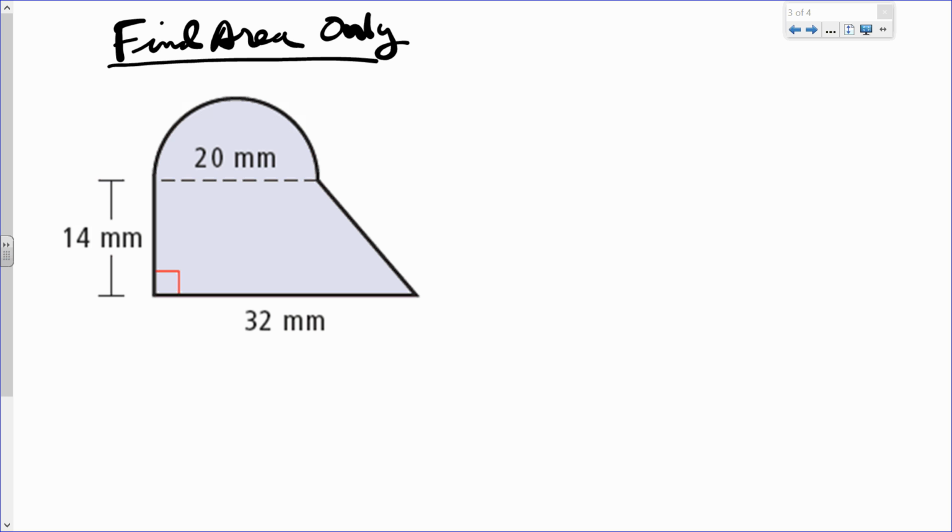So look at this composite shape. What are the two shapes that make this one up? Definitely. So look at right here. On your notes, I'm going to put half a circle. And right here, what kind of shape is the bottom?